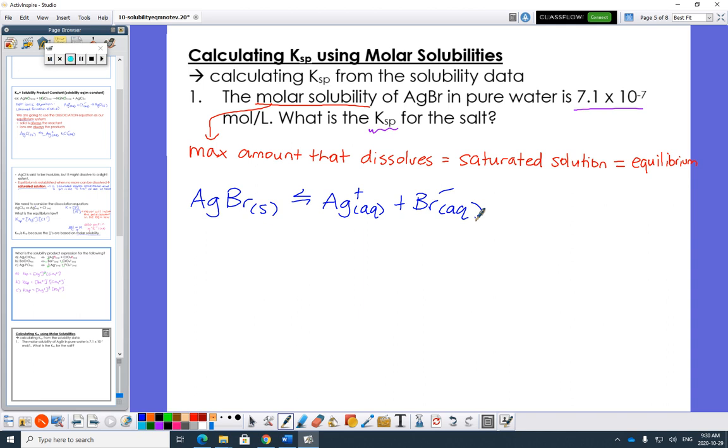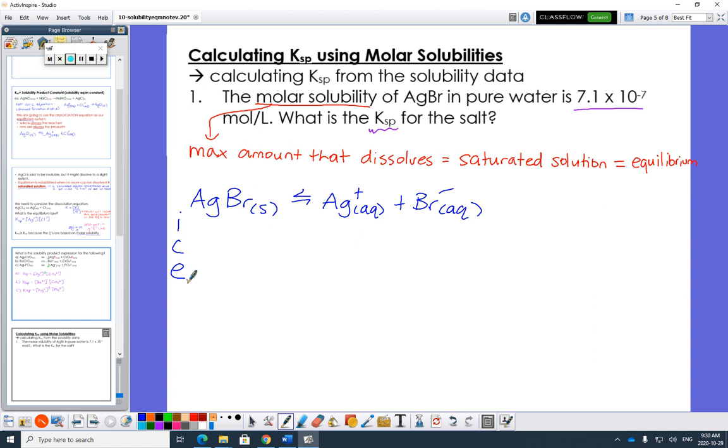Then we do ICE because we're trying to find Ksp. So this question, sometimes students kind of beat the system and try not to write an ICE table, but usually get marks for it. Okay, so show all of your work.